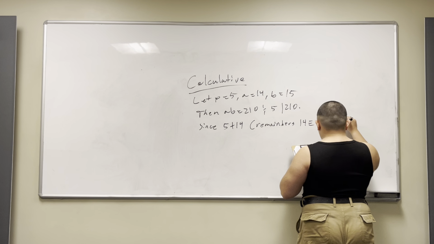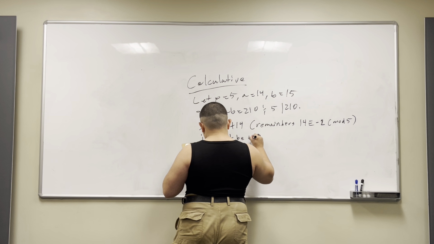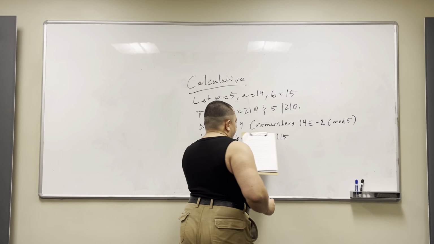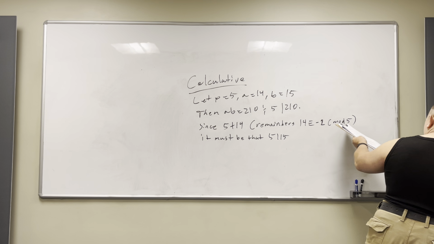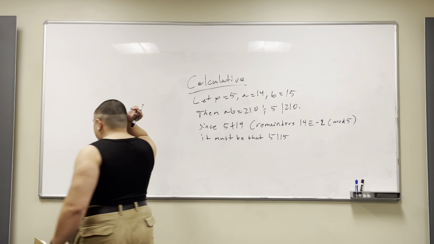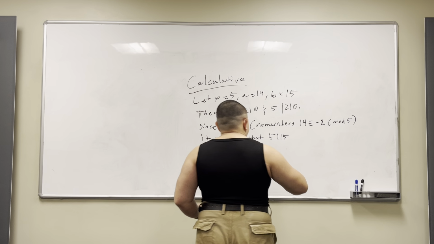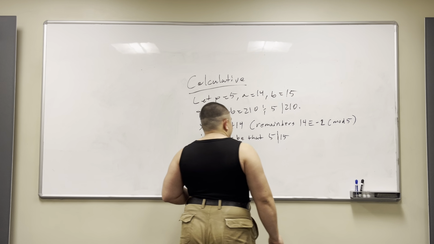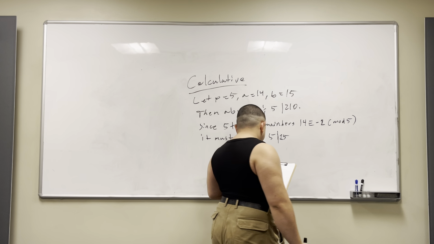It must be the case that 5 divides 15. Well, 14 is equal to -1 mod 5. I don't think we discussed modular arithmetic though, but just hold that. It must be that 5 divides 15, which holds.